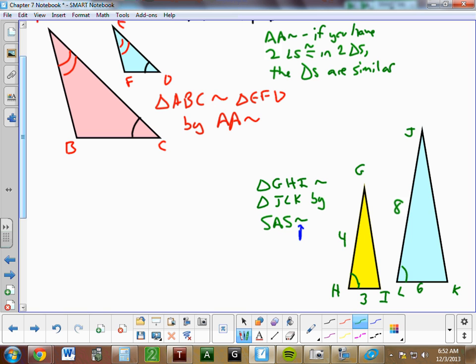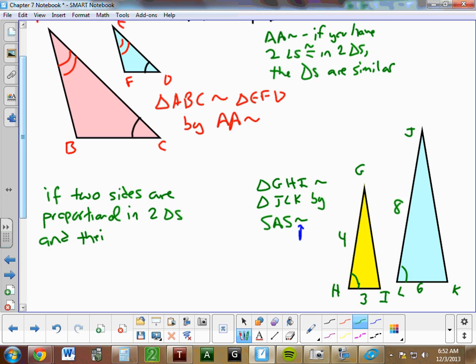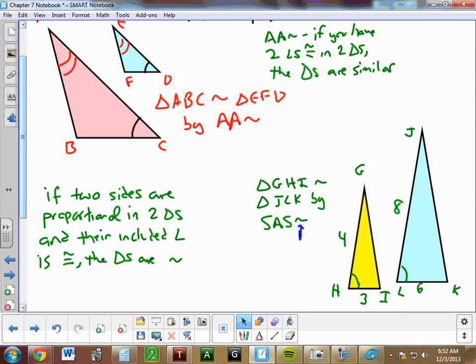So the statement that you'd want is if two sides are proportional in two triangles and their included angle is congruent, the triangles are similar. So that's the if-then statement that you can write out that would show why that's true.